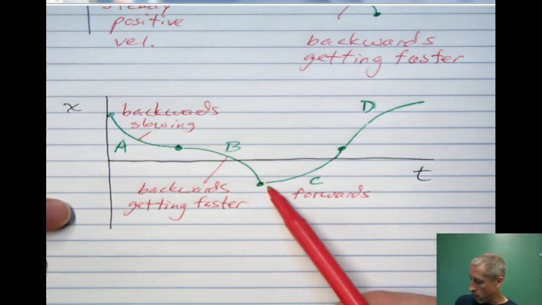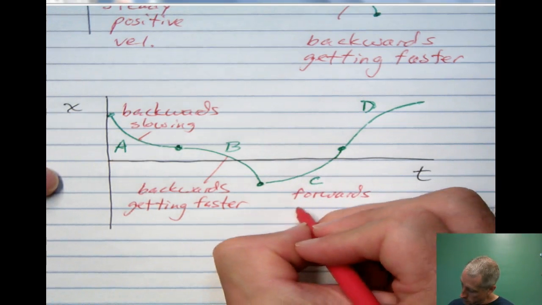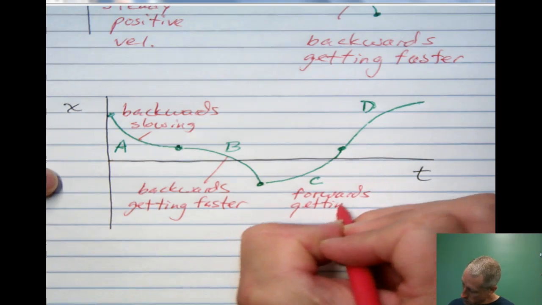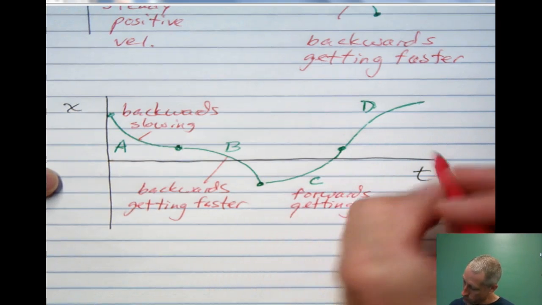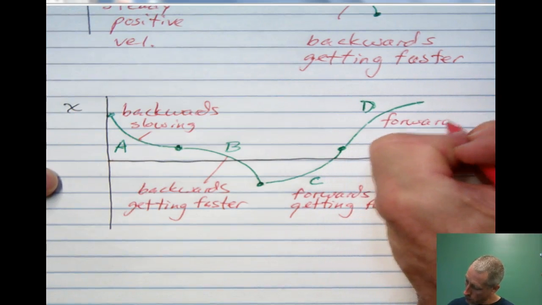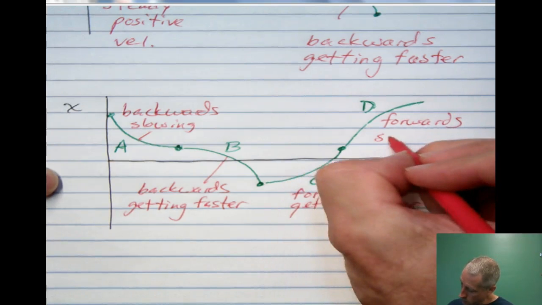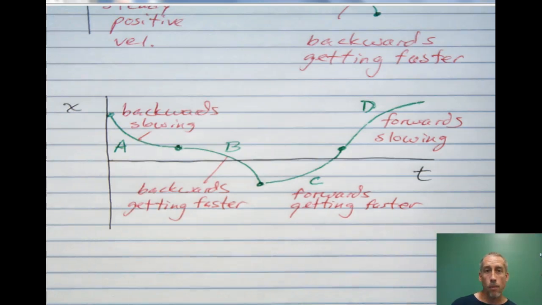In part C, we start with low slope, pretty flat there, and it gets slopier, which means getting faster. So moving forwards, getting faster is C. And here in D, again, we're moving forwards, but we're getting slower or slowing down during that part.